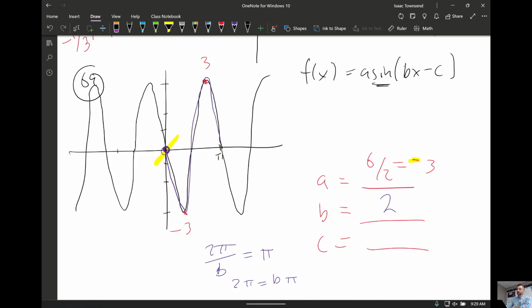And then for the phase shift, see, that one's always the hardest for me. So I would probably just lightly sketch in the stuff that I'm sure about. Here's sine.